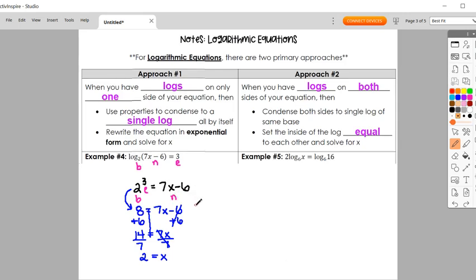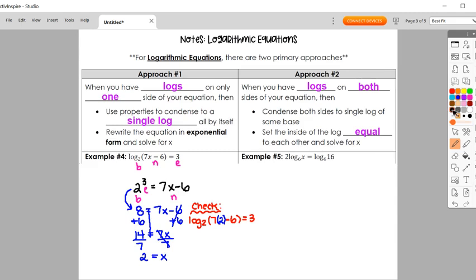So for my check, you can do it on the side here. I'm going to take my x value and replace it into x everywhere in my original problem. Go back to the very original problem, the one that was given to you on the piece of paper when plugging in. So instead of log base 2 of 7x minus 6, I have log base 2 of 7 times 2 minus 6.